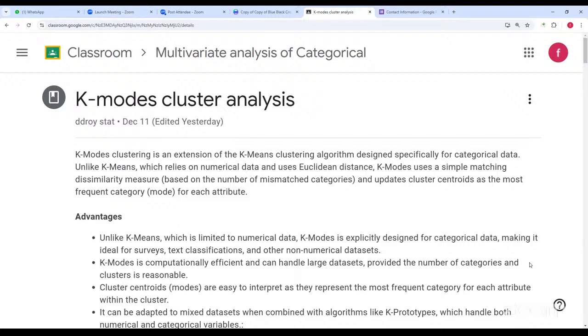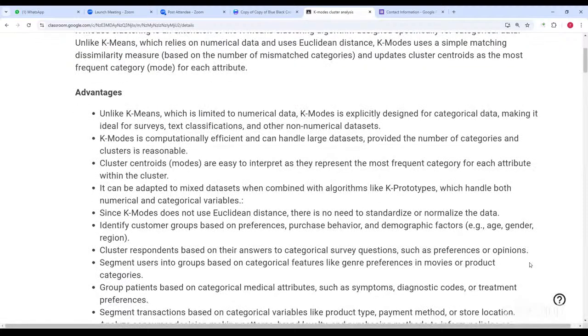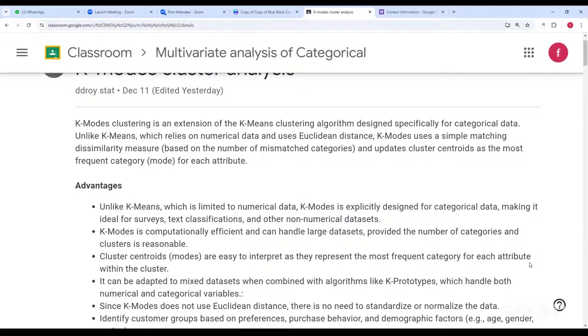One sec. So you know that is a different type of cluster analysis. Already, Shumana madam has taught you the hierarchical cluster analysis, where we are following the Euclidean distance. But here it is the K-mode cluster analysis, where we are dealing with the categorical data. In hierarchical cluster analysis, we are not using the categorical data or the text data.